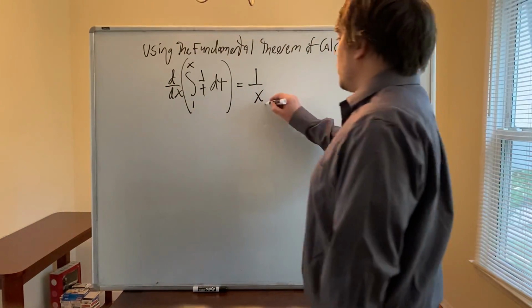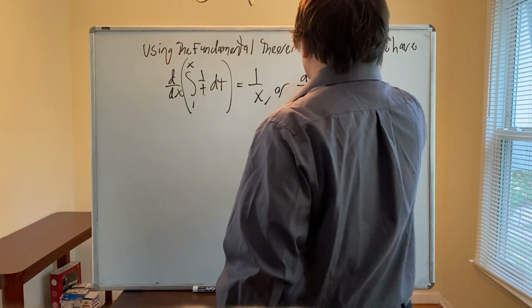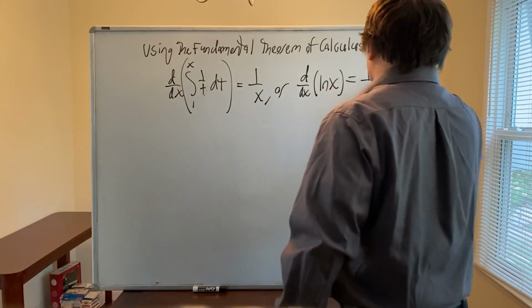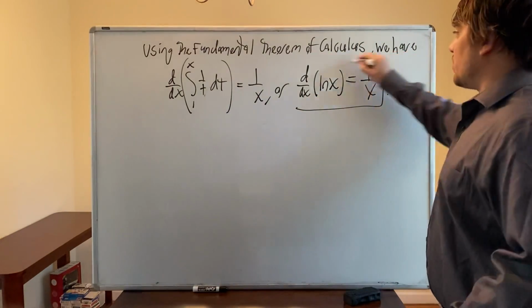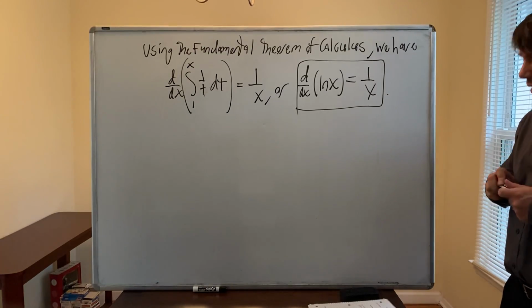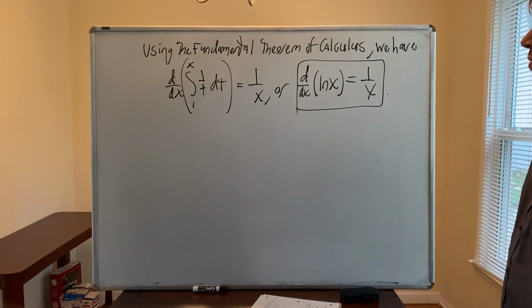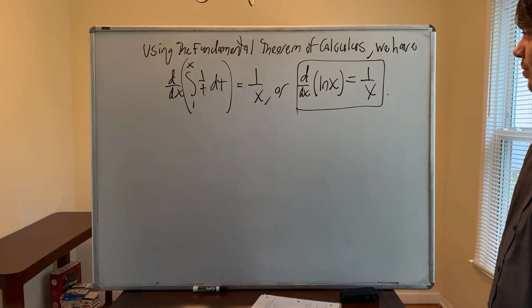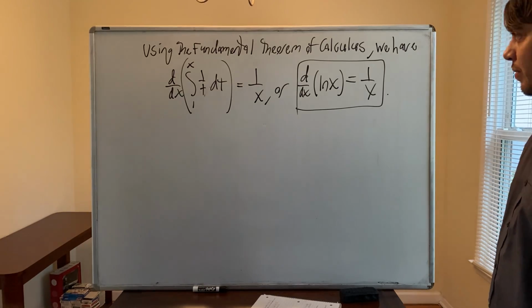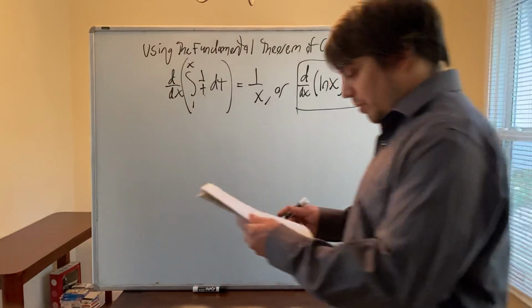Or the derivative d/dx of ln of x is 1 over x. And so this is what we will be using. The d/dx of ln of x is 1 over x.